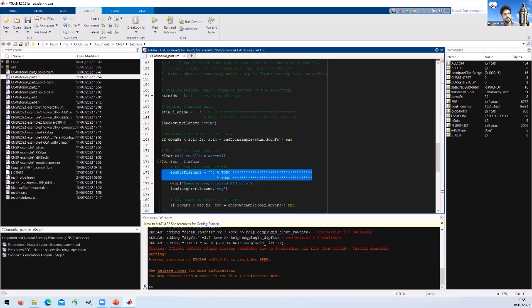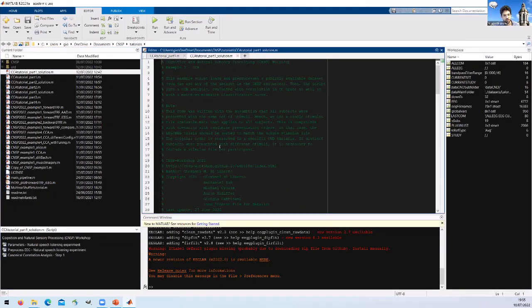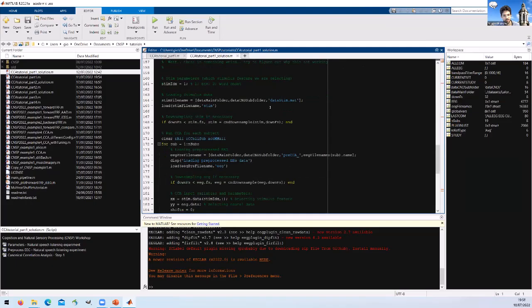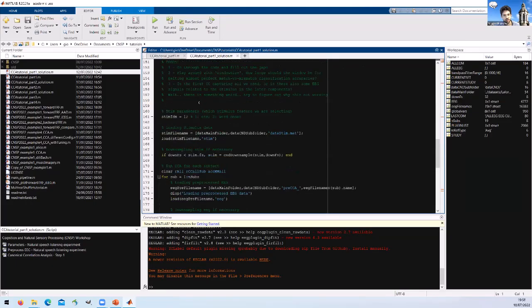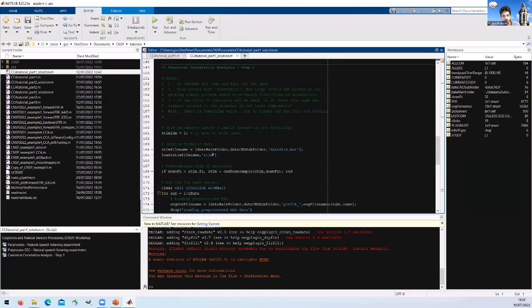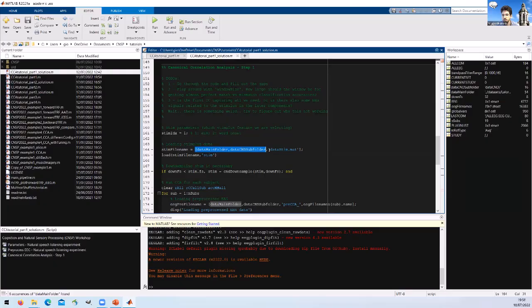Since it's pretty boring and you've done this already, I'll do it for you by simply opening the solution here. So the stimulus file name is going to be the usual thing that you have in the other scripts. So your main folder, your CND subfolder, and the data stream is the same as before.